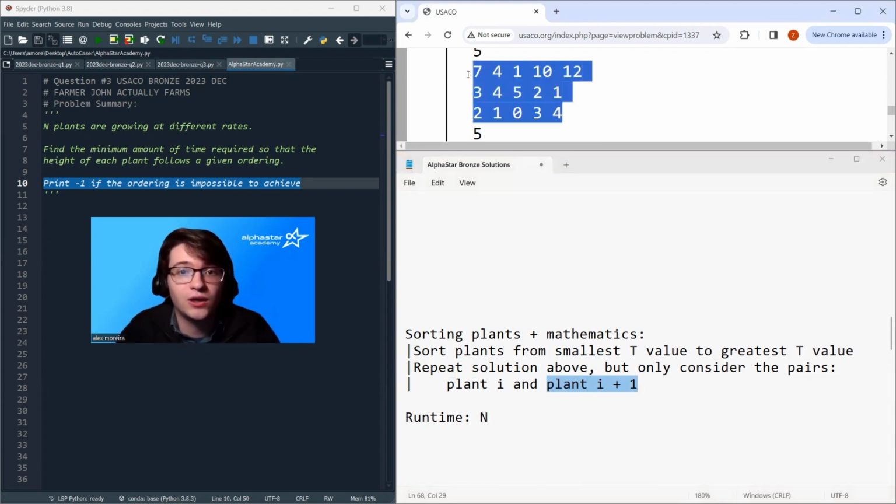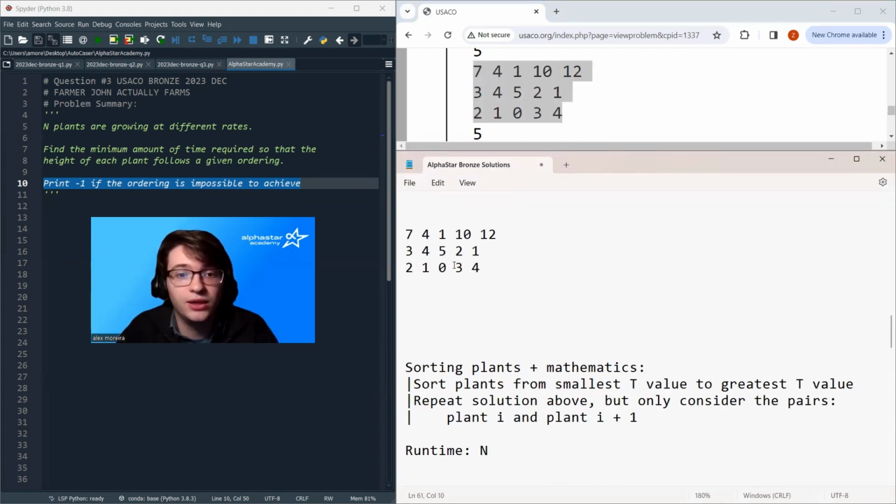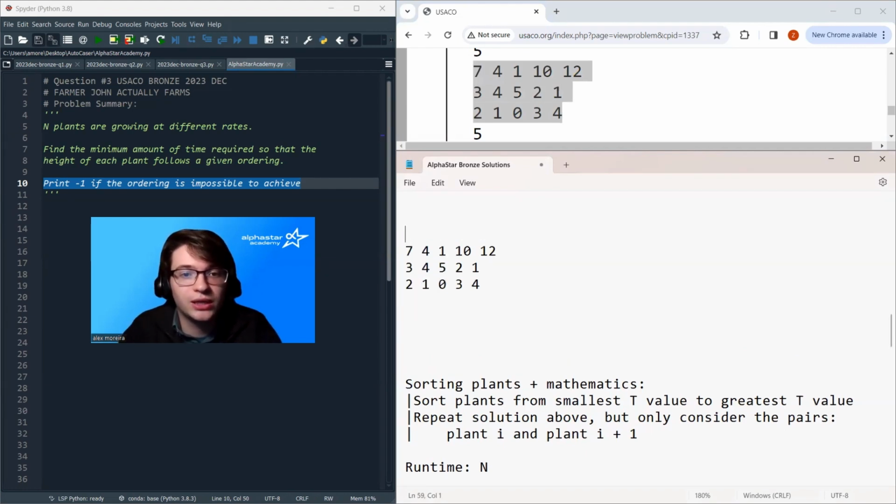So if I copied and pasted this, for example, this would be one plant, this would be one plant, this would be one plant, and this would be one plant, right? Just so you can understand the input. So each column here is a plant. And what I would do is I'd compare this plant and this plant because they have adjacent t values.